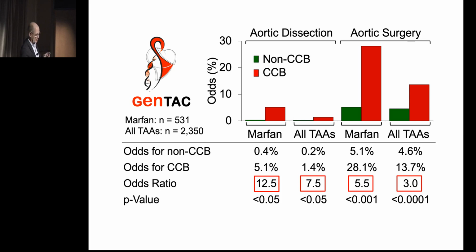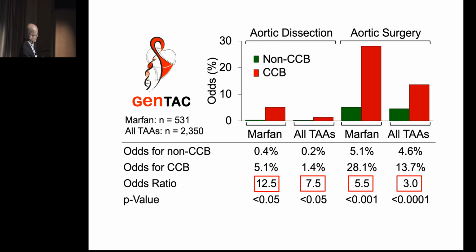We found that people who were receiving calcium channel blockers at the time of enrollment in this registry had about a 13-fold relative risk of having aortic dissection during the follow-up period compared to those not receiving calcium channel blockers. This elevated risk among people taking calcium channel blockers for aortic dissection was also evident in other presentations of thoracic aortic aneurysm.